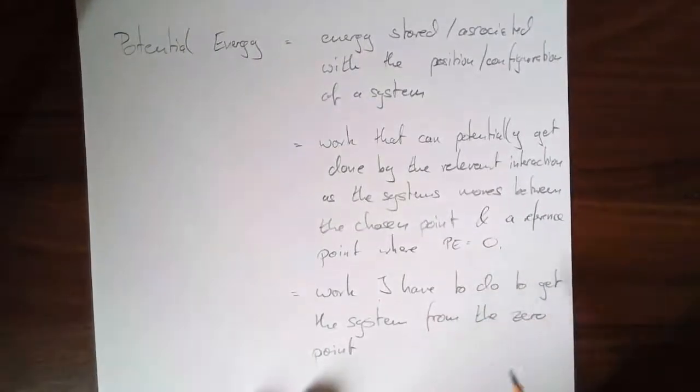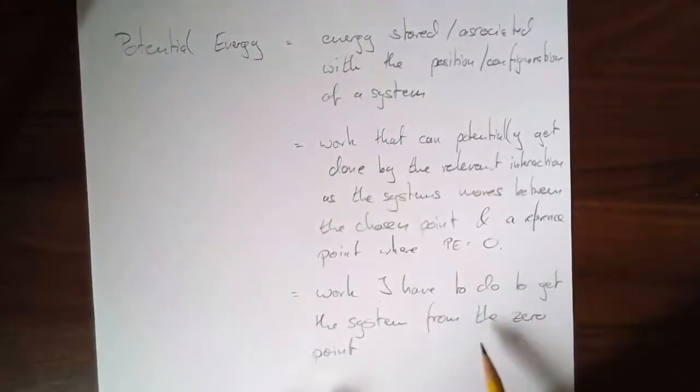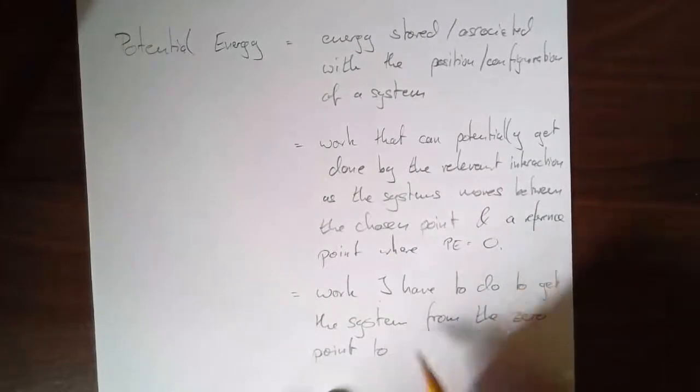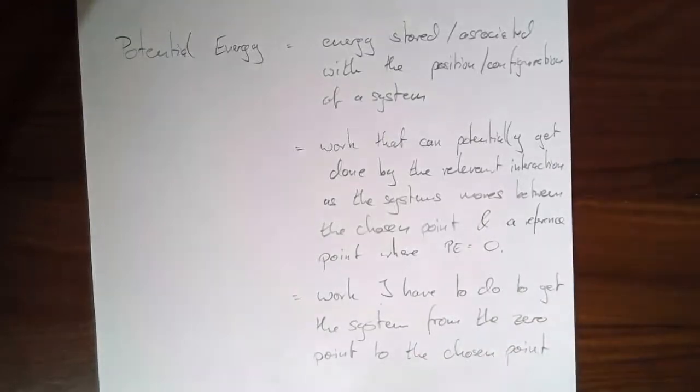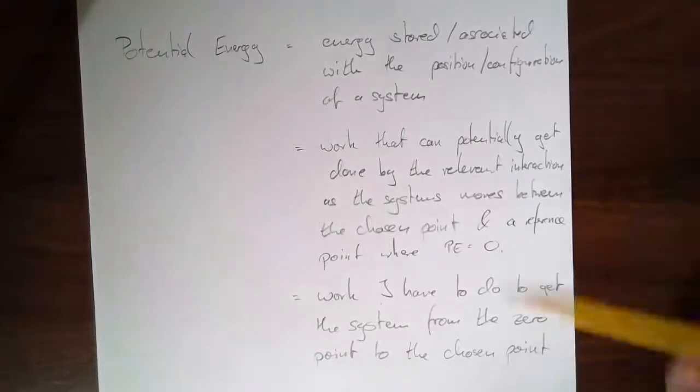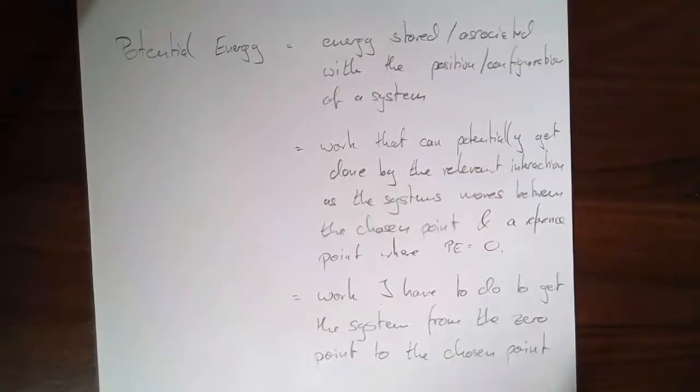In the case of the spring, that's going to be the equilibrium point. To the chosen point, so the point where I'm trying to find the potential energy. So that's the wordy explanation of what potential energy is. Hopefully that's just a reminder.